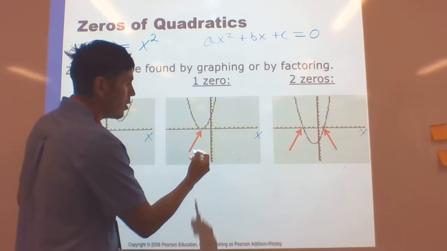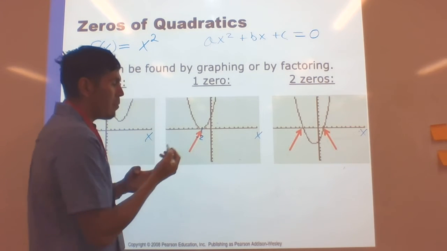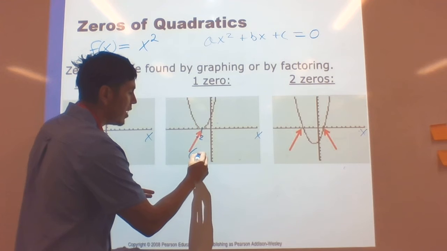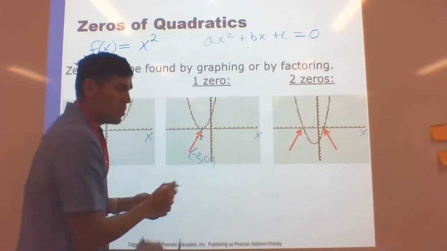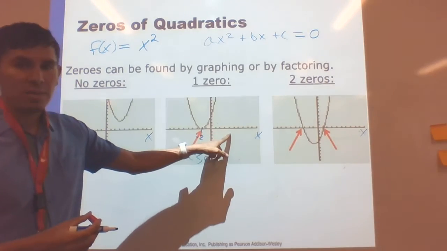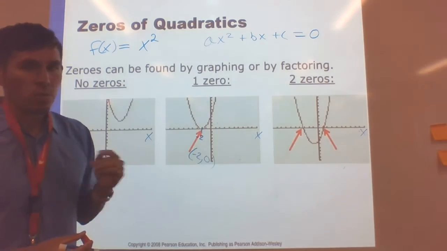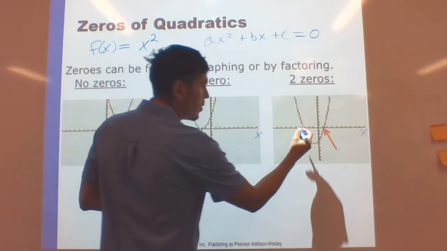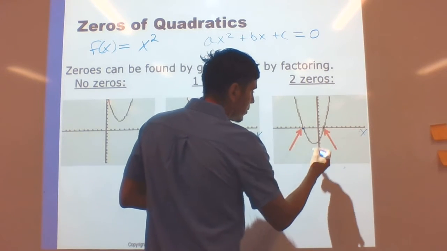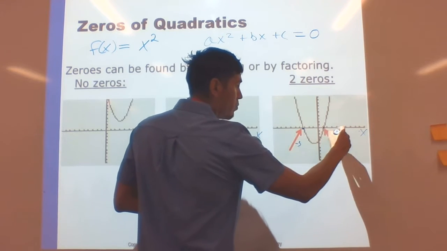What does that look like? Well, here it's crossing right there. It looks like it's going to be -2. So if I plot this point, it's going to be (-2, 0). So it has 1 zero. We're touching the x-axis at one point. Over here, we have 2 zeros. Why do we have 2 zeros? Well, it crosses at roughly -3 for my x value, and over here, roughly 1.